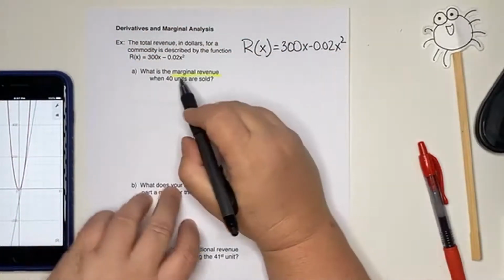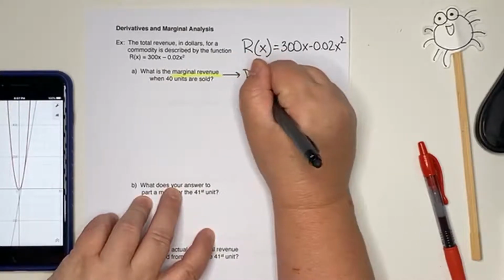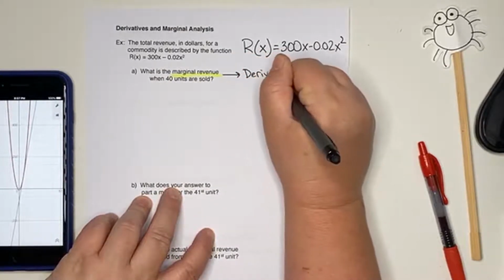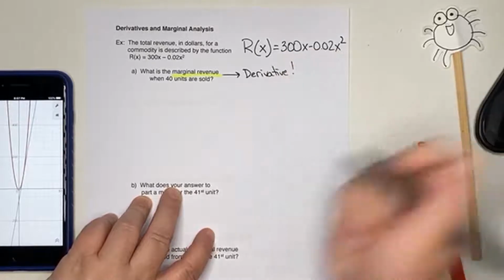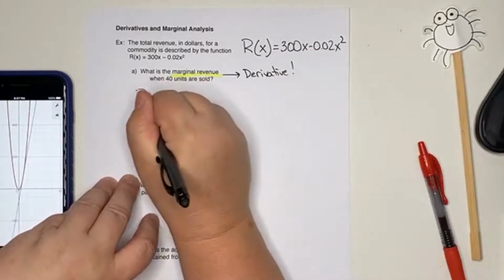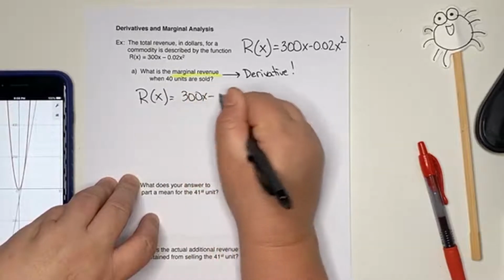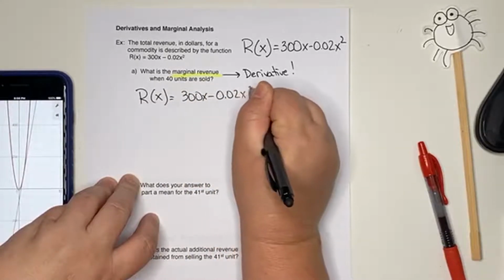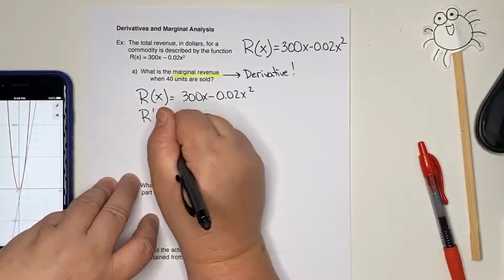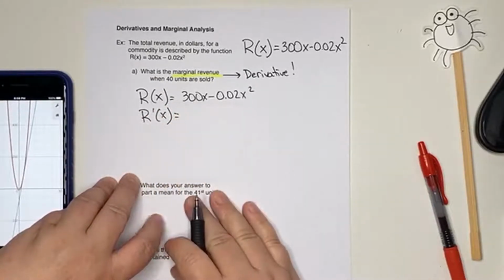Anyway, so the marginal revenue is the derivative. Yay! So if R of x equals 300x minus 0.02x squared, what's the derivative? We need to find the derivative in general.